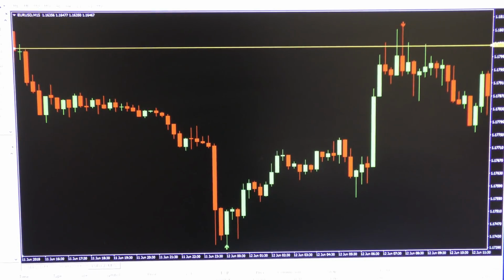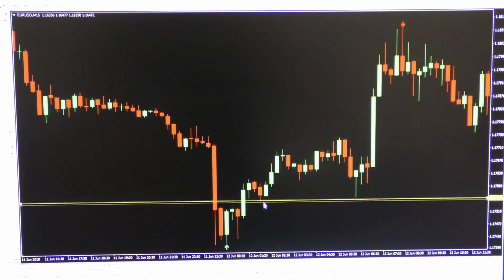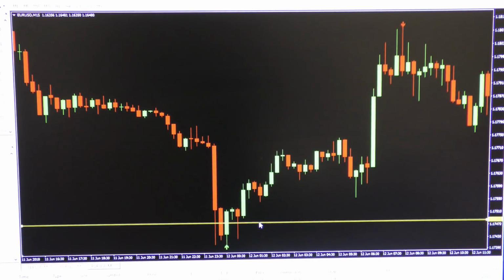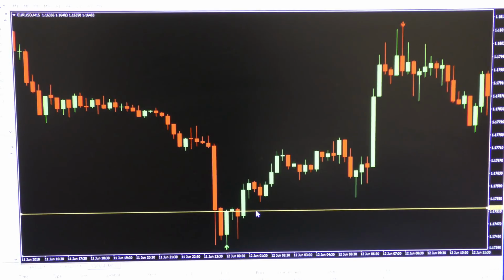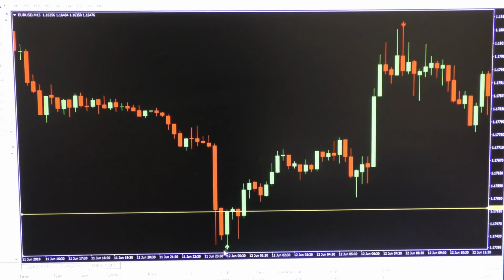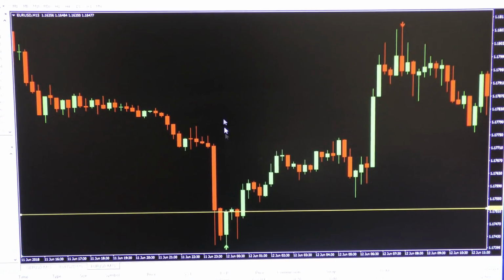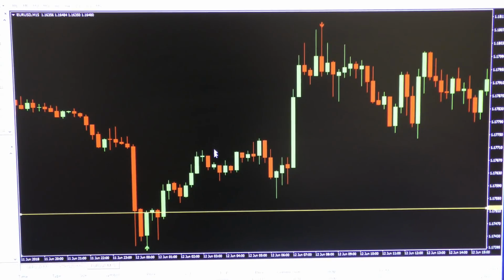Your next buy signal is here, and you go down, wait for the candle to close, and then at the open of the new candle you buy here, and then you place your stop loss 5 pips below the low of this up here, and then you wait for your exit.